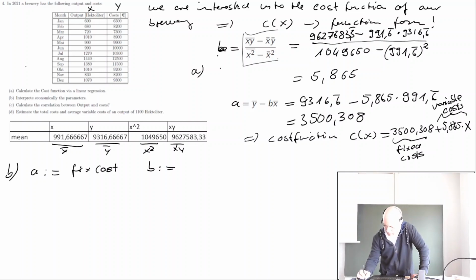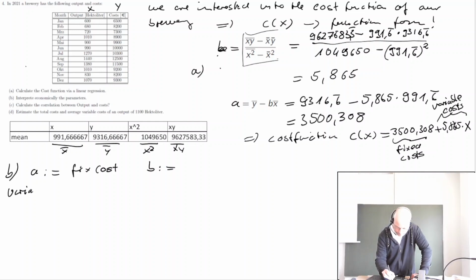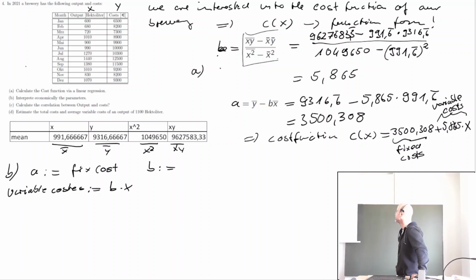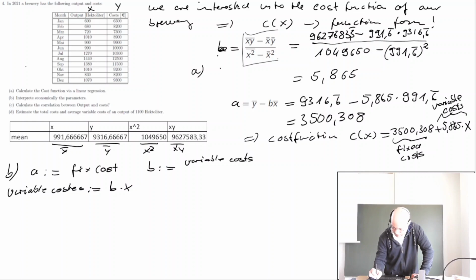So variable costs are B times X. Variable costs per unit. Great.